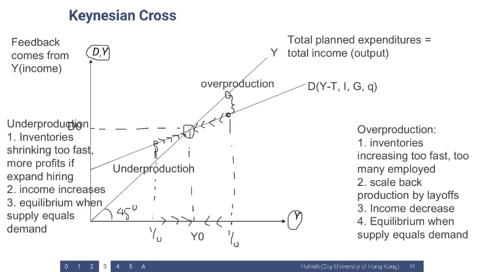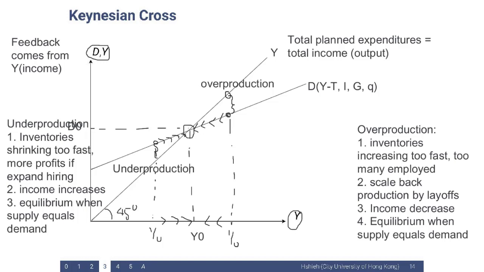All right. So let me ask you a question. If we are here, are we underproducing or overproducing? Yes, overproducing. As you can see, we demand this much, but total output is here.